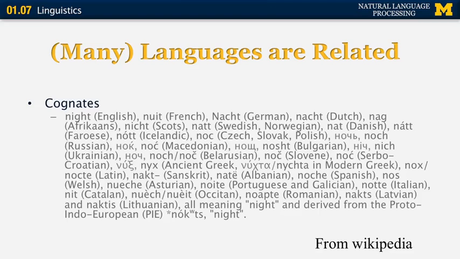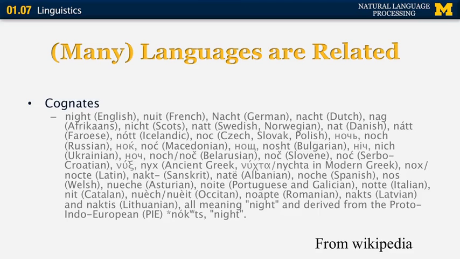So Proto-Indo-European doesn't exist anymore, yet some of the words in that language still survive to these days, like in this example. So let's just look at how different they can be. Night in English, nuit in French, Nacht in German, noch in Russian, nosht in Bulgarian, noite in Portuguese and Galician, notte in Italian, noapte in Romanian, nakts in Latvian. They all look relatively different, and yet they have something in common.